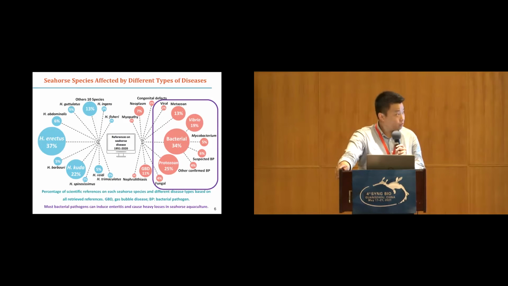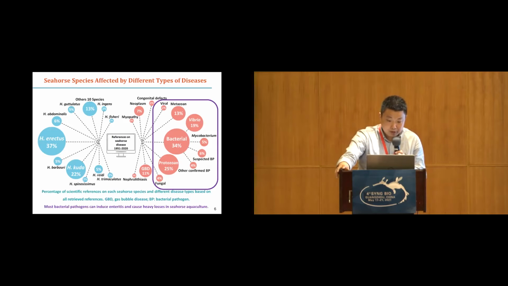and they are generally divided into 2 groups, as we can see in the purple circle. The first group is infectious disease, and they account for about 80% of all kinds of diseases, and the rest belong to non-infectious diseases.